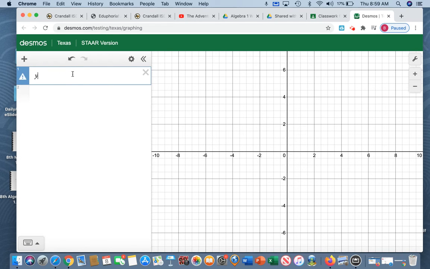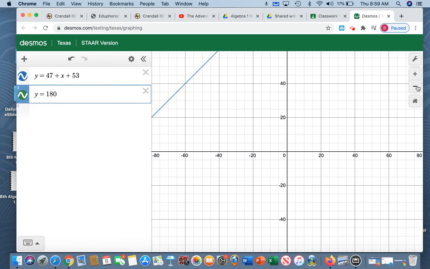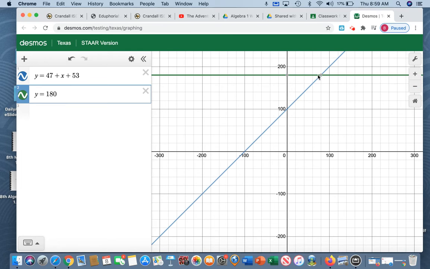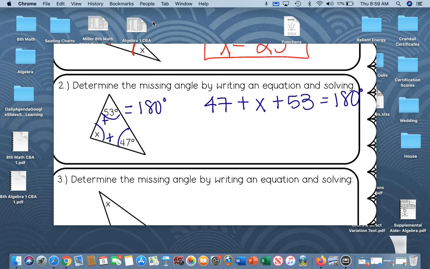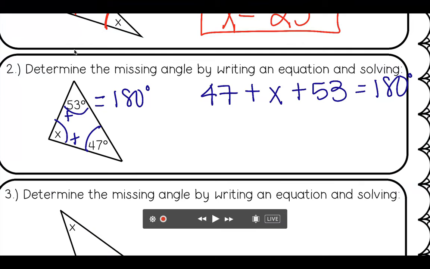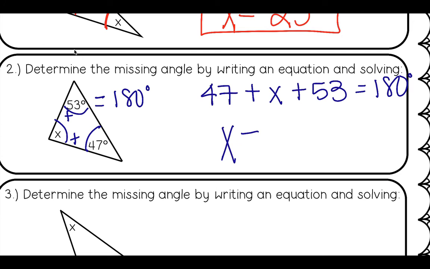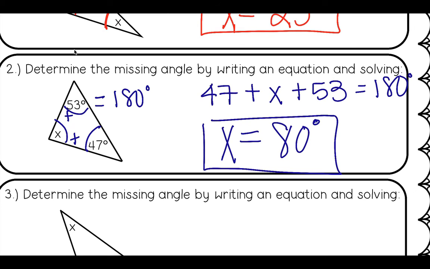Y equals my left side, whoops, I didn't have an equal sign, 47 plus x plus 53. And then y equals the right side, which is always 180 every time. Zoom out until I see a blue and a green line. There's blue, there's green. They cross right here at 80. My answer is 80. So, go back. Here we go. X equals 80 degrees. And again, it's angles, so we have to do that degree sign.